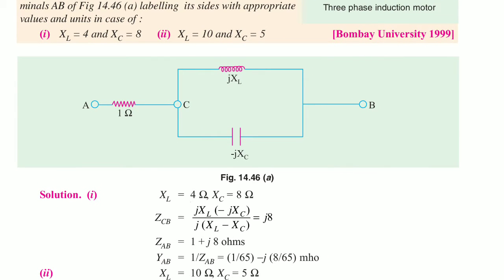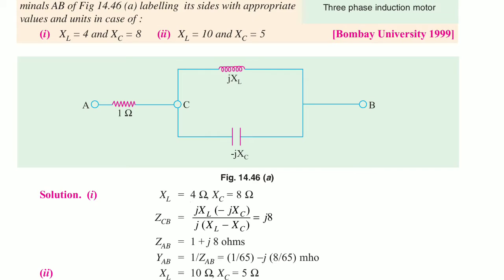In the first case, XL is 4 and XC is 8. So 4 into 8 divided by the denominator j within bracket 4 minus 8. 4 into 8 is 32, divided by 4 minus 8, that is minus 4.